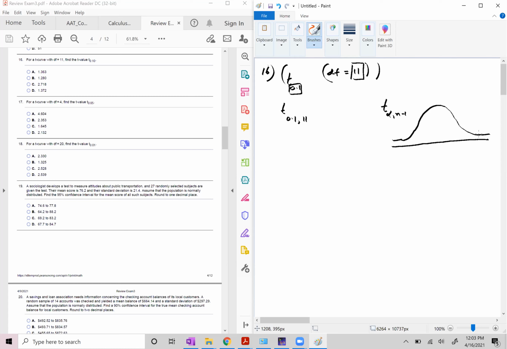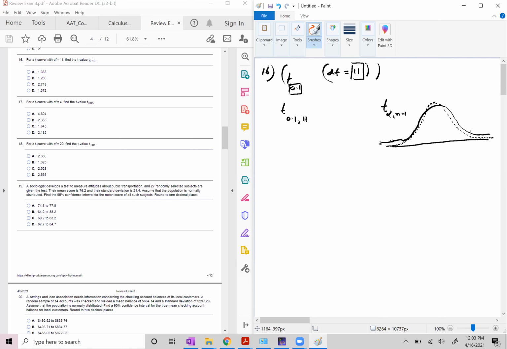If I draw the normal on top of this, the normal distribution drops down very quickly at the tail, whereas the t distribution still has heavy tails.